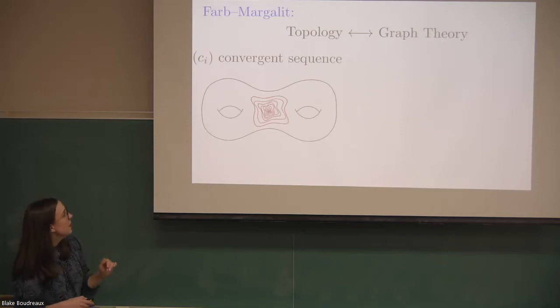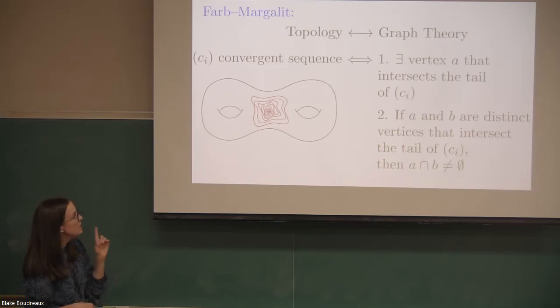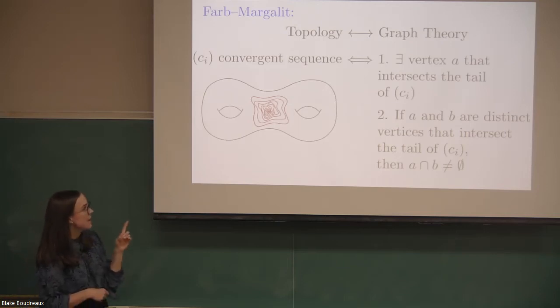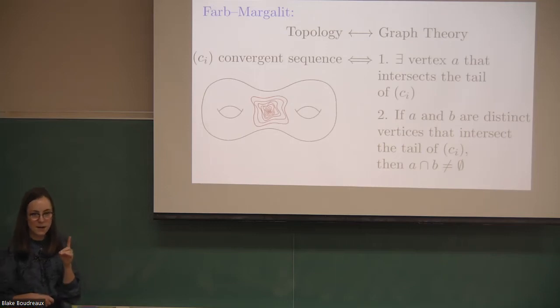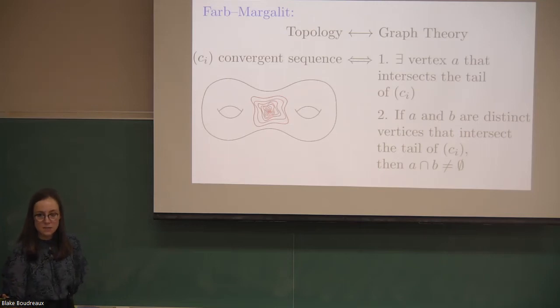This ends up being in one-to-one correspondence with the following two pieces of graph theoretical information. The first piece says that there exists a vertex A that intersects the tail of C_i. Remember, every vertex corresponds to a curve on our surface. What we mean when we say it intersects the tail is that it intersects all but finitely many of the curves in the sequence.